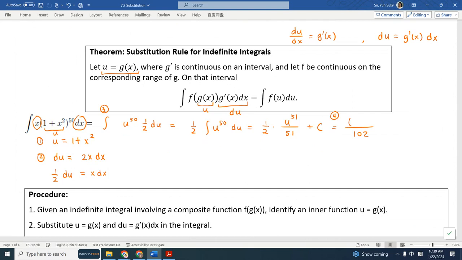What is u in terms of x? 1 plus x squared. So the answer is (1 plus x squared) to the 51, over 102, plus C. So this is the 4-step u substitution. And we can finish in 2 minutes, right? Wow. If you want to expand this to the 50, it takes days to do that.